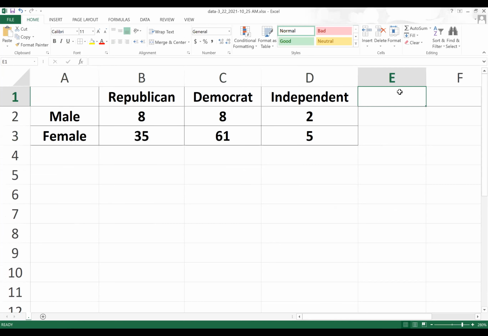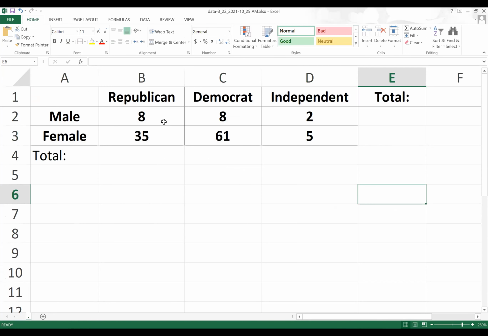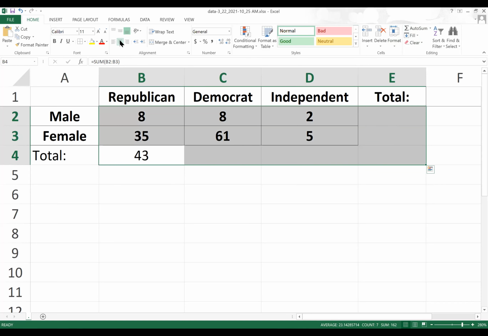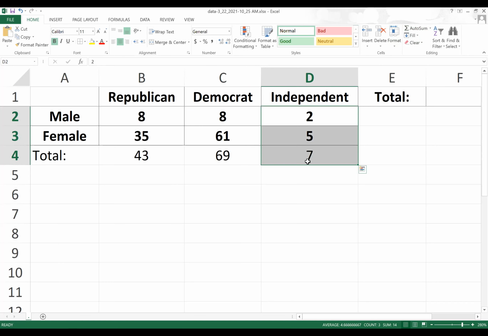Okay, so let's calculate the row totals and column totals. On the column side, if you add up 8 and 35, that means we have 43 Republican politicians. So the total is 43, no matter whether they are female or male. If you add up the second category, 8 plus 61, that's 69 Democrat politicians, including male and female. Independent, adding 2 and 5, you get 7.